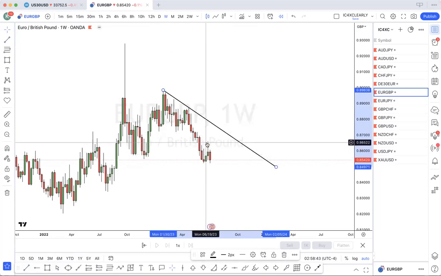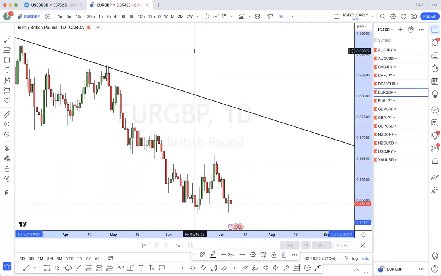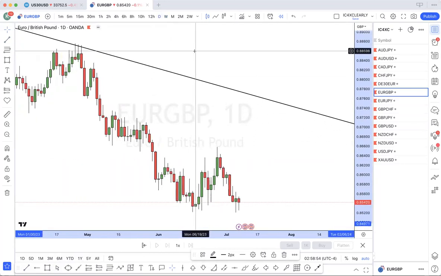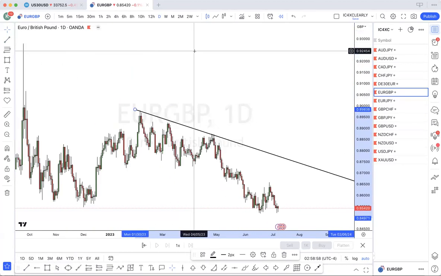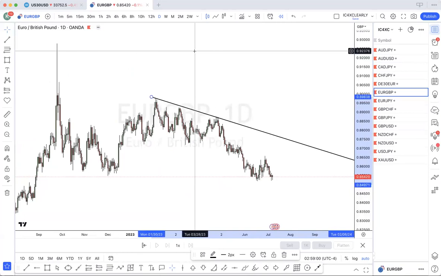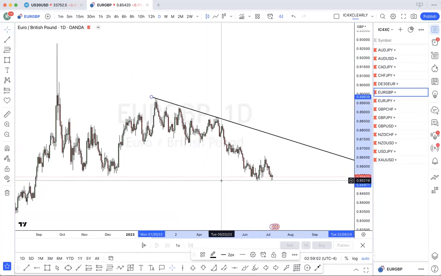Price pulled back, tapped and cleared this imbalance, and then started selling down, creating equal lows here.